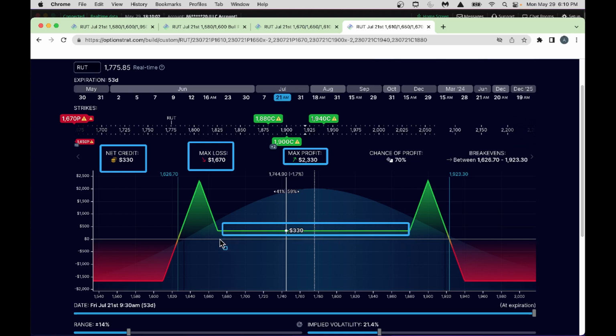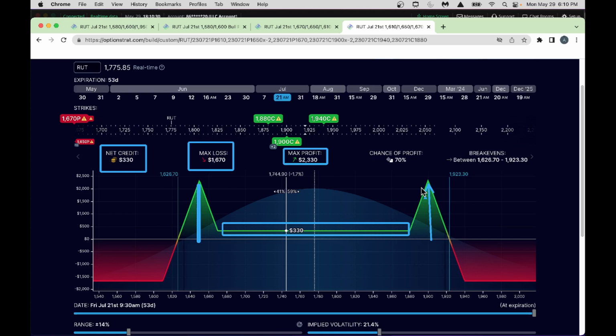But if it goes down here and stays here, or stays right here, you'll make more money, as you can see. That's why this is one of my go-to strategies when it comes to ETFs and indexes like Russell 2000 and S&P 500 especially. On the Nasdaq or NDX, I would rather do an iron condor or even a bull put spread.